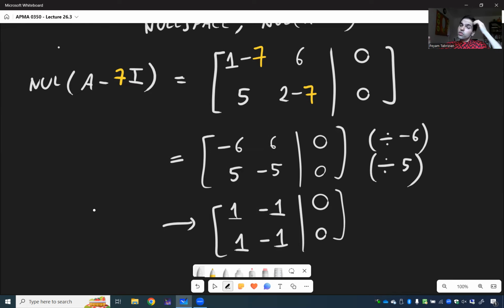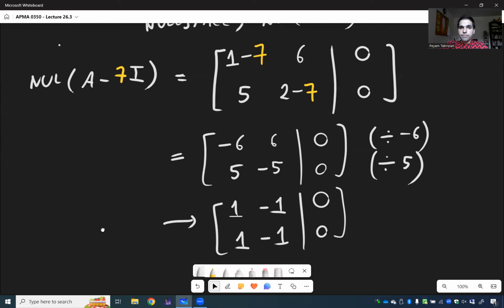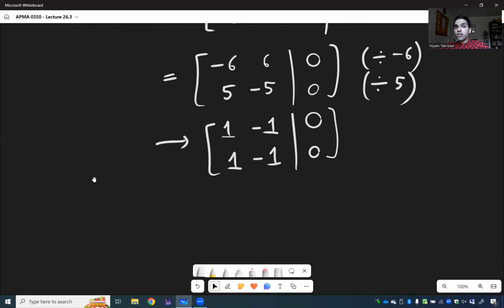In case you're not familiar with row operations, there are three things you can do. One is divide a row by any non-zero number. Another is swap two rows. And the last is you can add or subtract rows from one another. In particular, since this second row is equal to the first row, we can just subtract the first row from the other one.